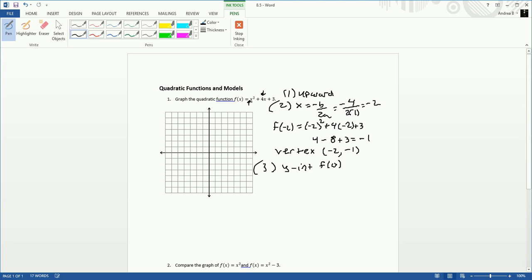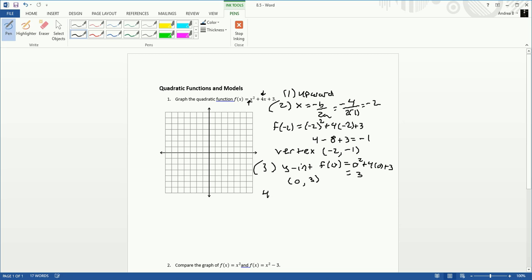So we have 0 squared plus 4 times 0 plus 3. So our y-intercept here would be at 3, or in terms of a coordinate, that would be 0, comma 3. Since the x-coordinate was 0, the y-coordinate is 3.